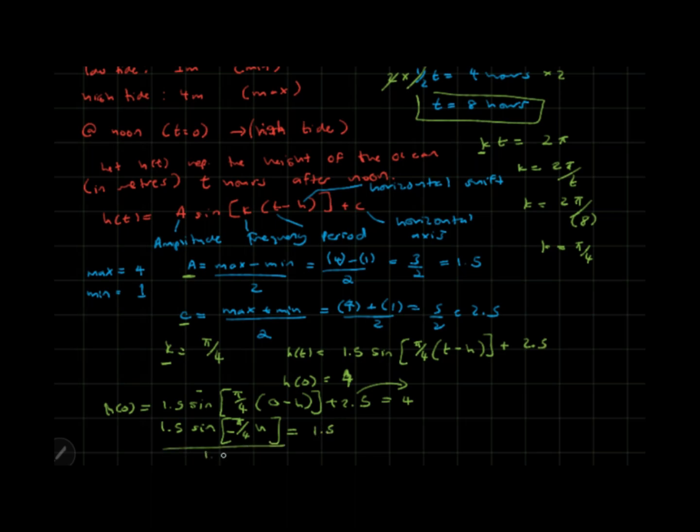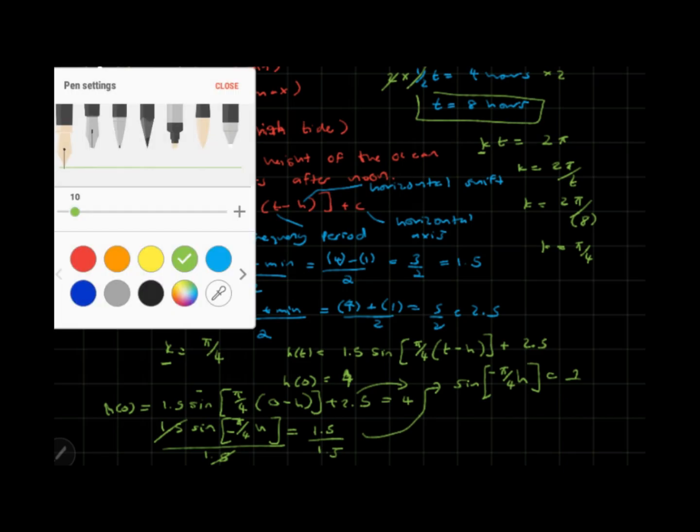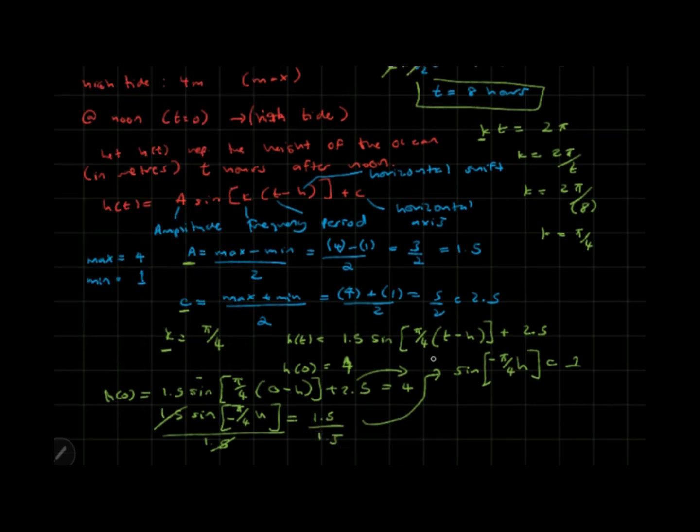Then I'm going to divide by 1.5 on both sides. We get sine of negative pi over 4 times h is equal to 1. And then to get rid of the sine, I'm going to do the sine inverse. Whatever I do to that side, I have to repeat to the other side. So sine and the sine inverse cancel out, and you're left with negative pi over 4 h is equal to sine inverse of 1. If you plug it in your calculator, you should get pi over 2.